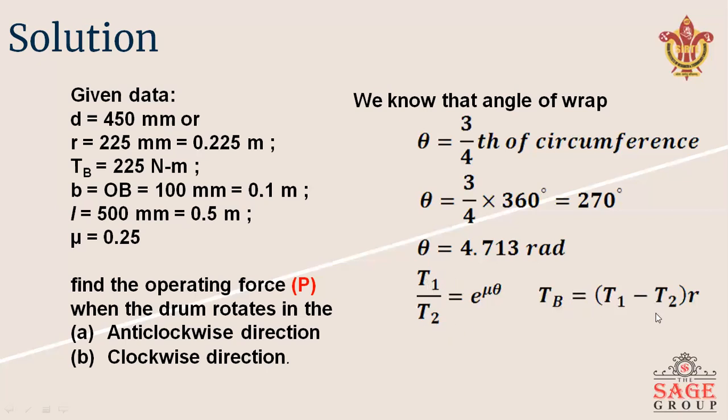And this is the second equation. We have the value of braking torque. Substitute this value from the given data, 225 Newton meter, and R is equal to 0.225 meter. So by solving these two equations, we will have the values of T1 and T2. So T1 is equal to this and T2 is equal to this, 444 Newton.